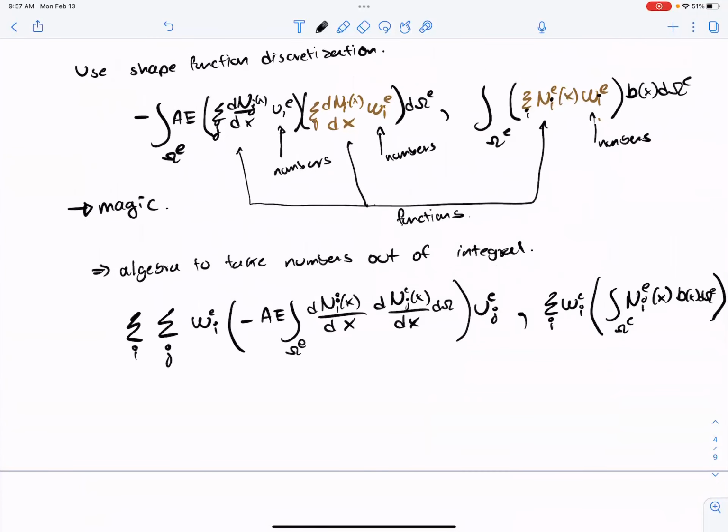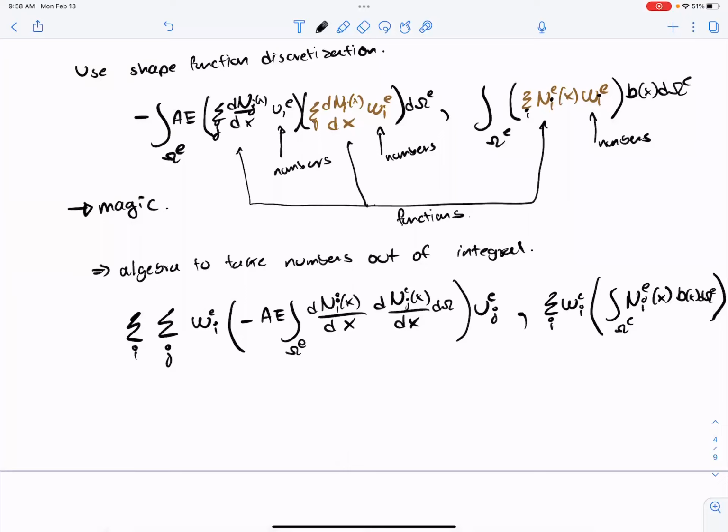Kind of looks like magic, but all I did was take numbers out of an integral and rearrange things a little bit. So really nothing more than some algebra between that line at the top of the page now and the bottom line. And if you're not familiar with what matrix and vector operations look like, this left term, this sum over I and sum over J, you should think of as some vector matrix vector multiplication.